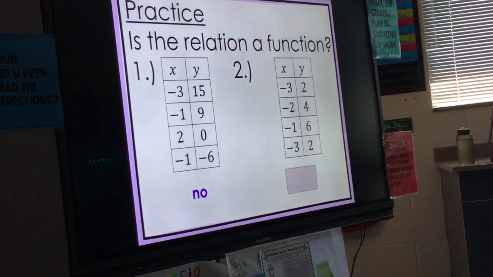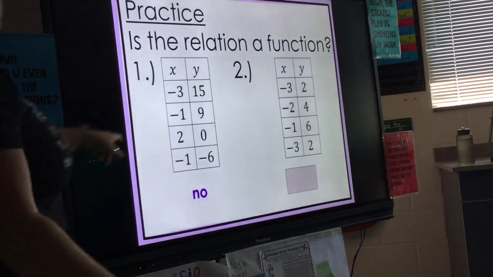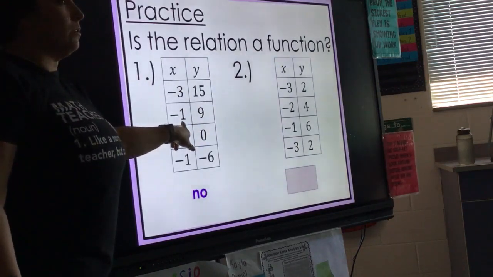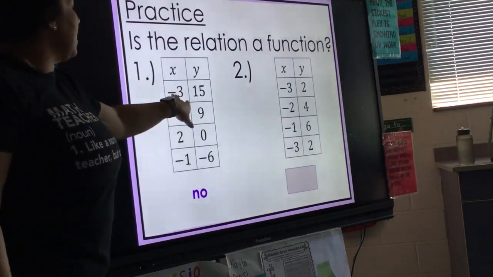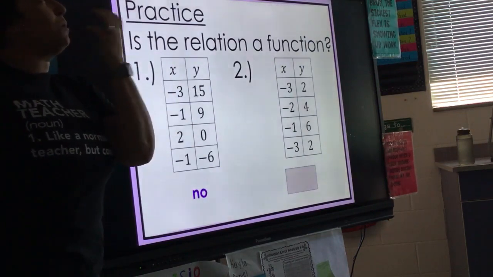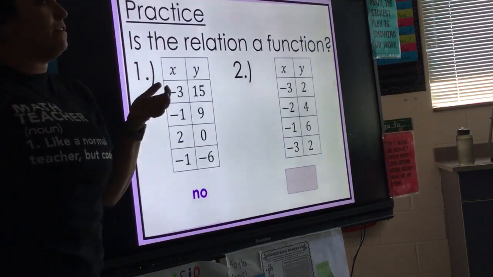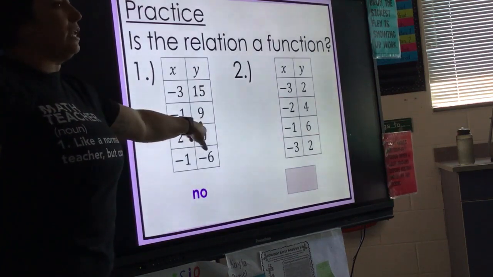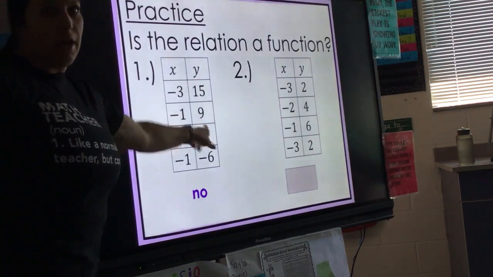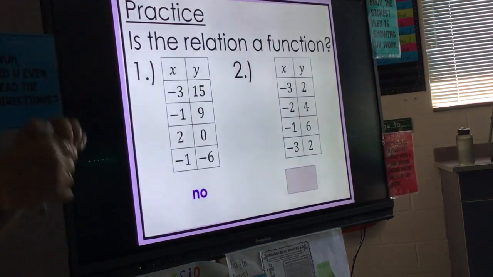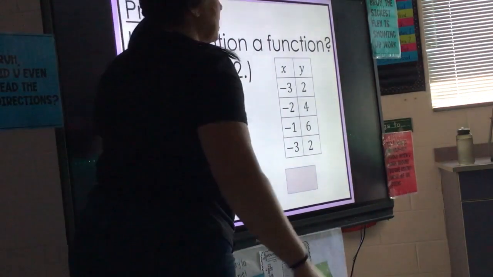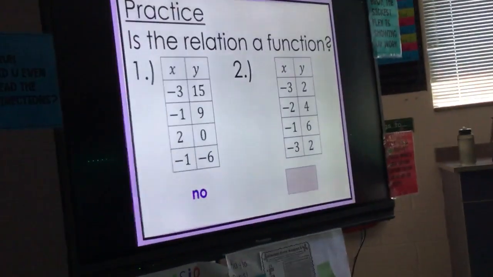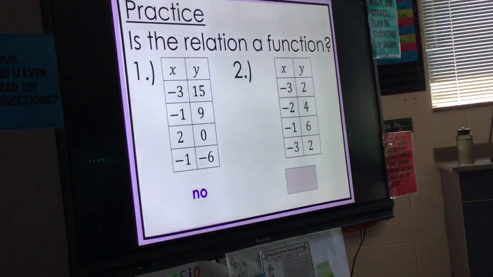And technically, if we put a rule for this first one, would it work for this one? So like -3 to get 15, what would we have to do? Multiply by -5? Well, if we multiply -1 times -5, we're not going to get a +9. Okay? So that's the other thing. Look at this first relationship and see if you can figure out if it's going to work or not. So no pattern.